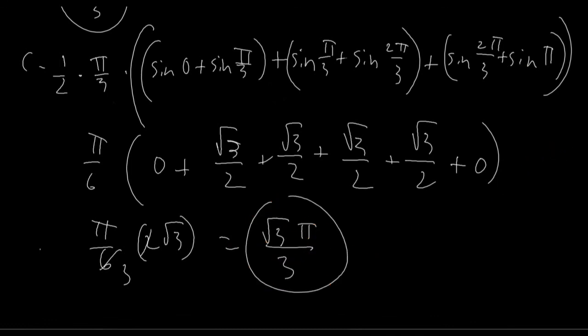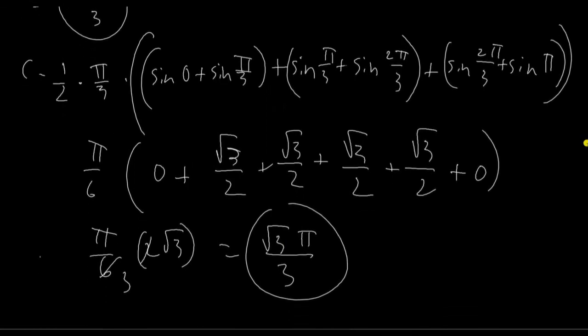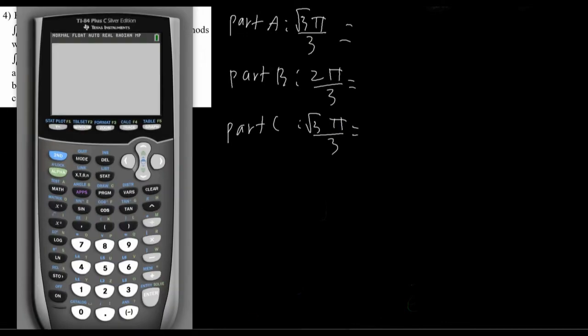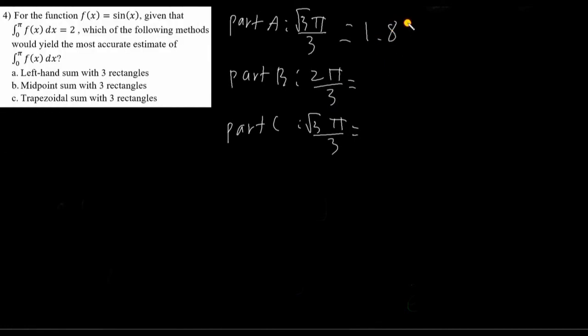And now let's summarize our answers real quick. Interestingly enough, it seems that part A and part C have the same answer. Now we want to get a decimal and see which one is closest to 2. With part A, it's square root of 3 times pi divided by 3, which is 1.8138.